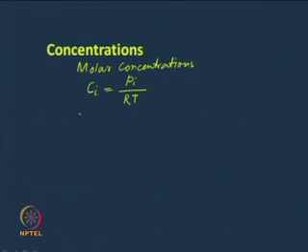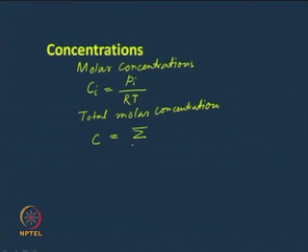So, the total molar concentration we can represent as C is equal to summation over i is equal to 1 to n of Ci.